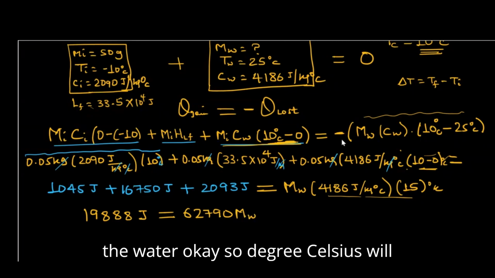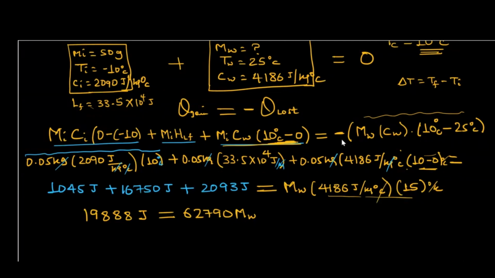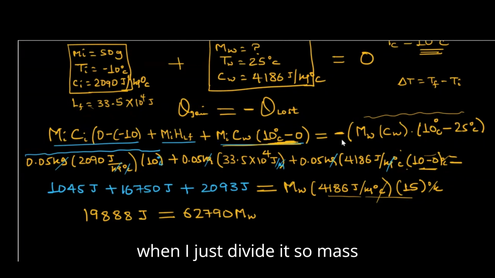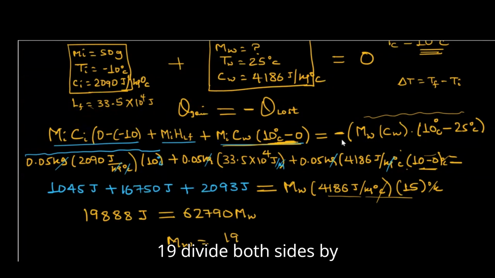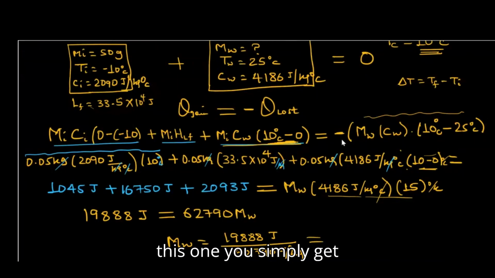So degree Celsius will cancel with degree Celsius, and the kilogram will be the unit when I divide it. So the mass of the water is equal to 19,888 joules over 62,790 joules per kilogram.